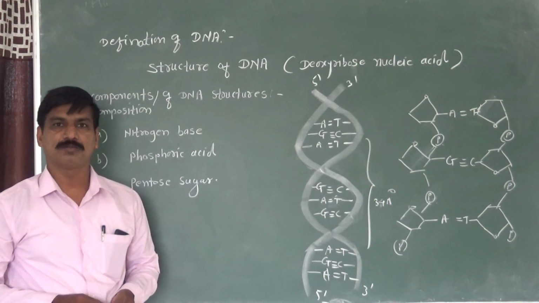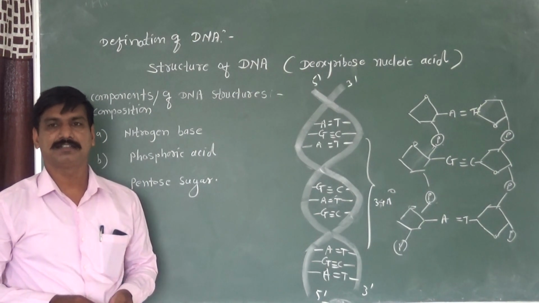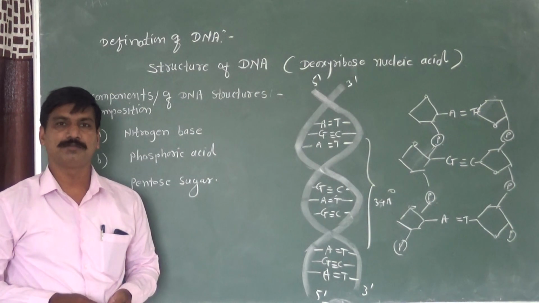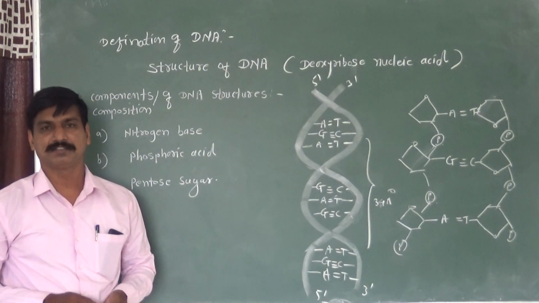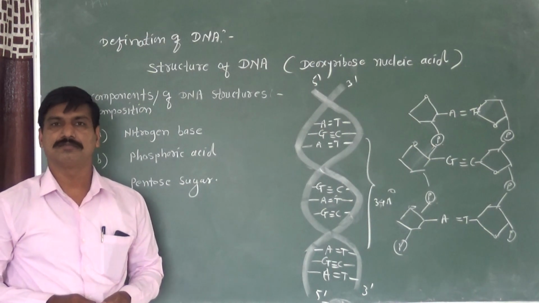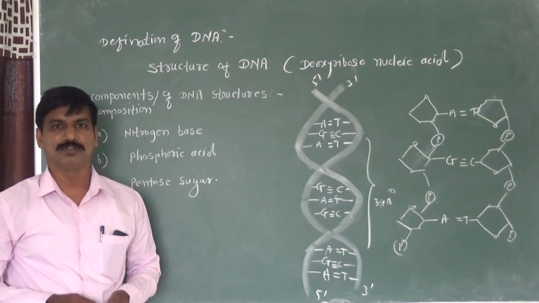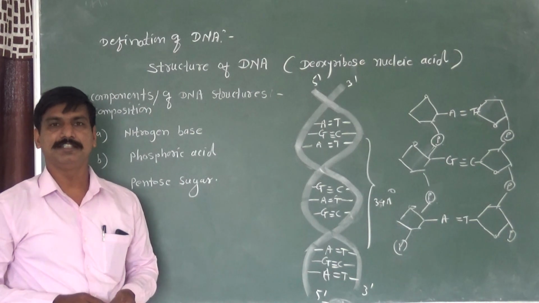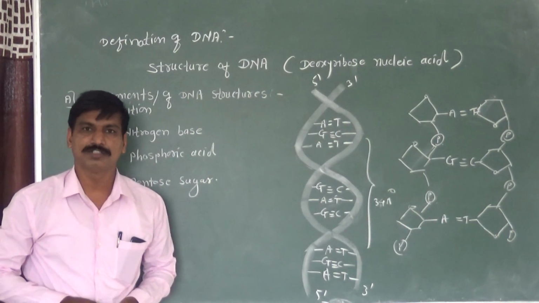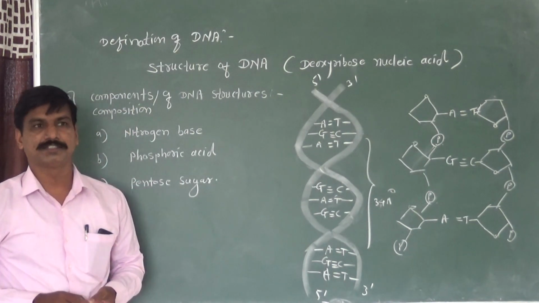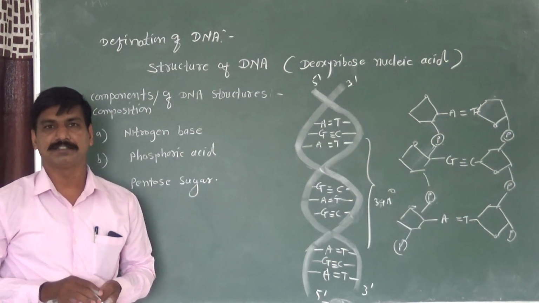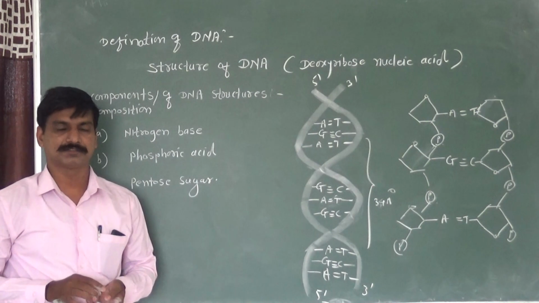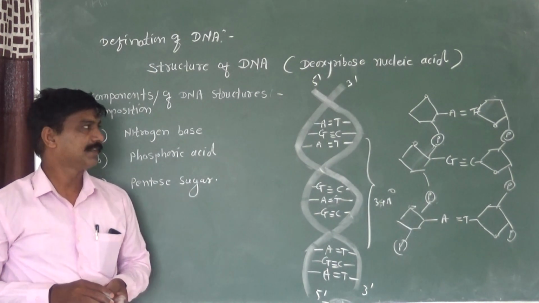DNA is a macromolecule, and nucleotides can be linked to one another by 5' to 3' phosphodiester bonds. DNA is made up of thousands of nucleotides. DNA is present in the nucleus in all eukaryotic cells.